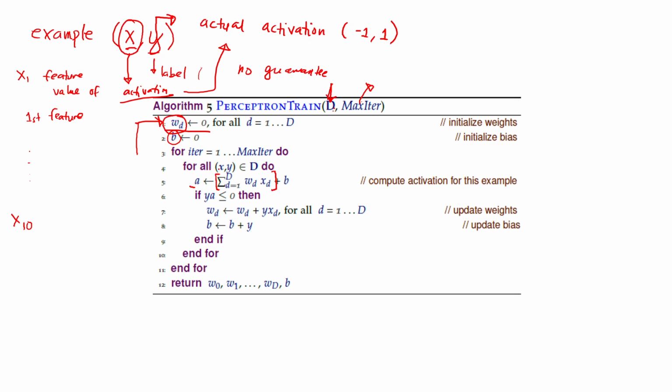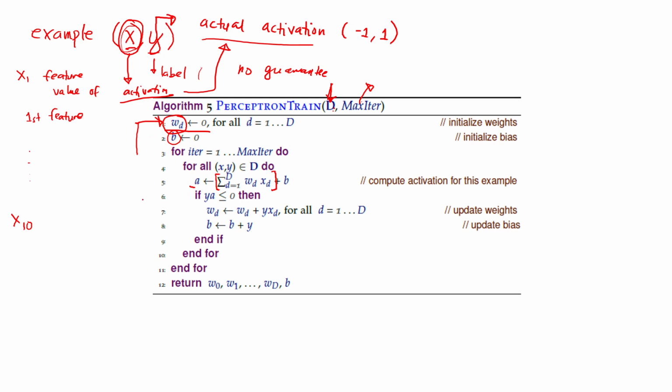We tested those assumptions on this input x, and if we see that the activation we computed from those assumptions is not the same as the actual activation, then there must have been something wrong with our assumptions. So that's why we have to correct those assumptions and adjust the weights.